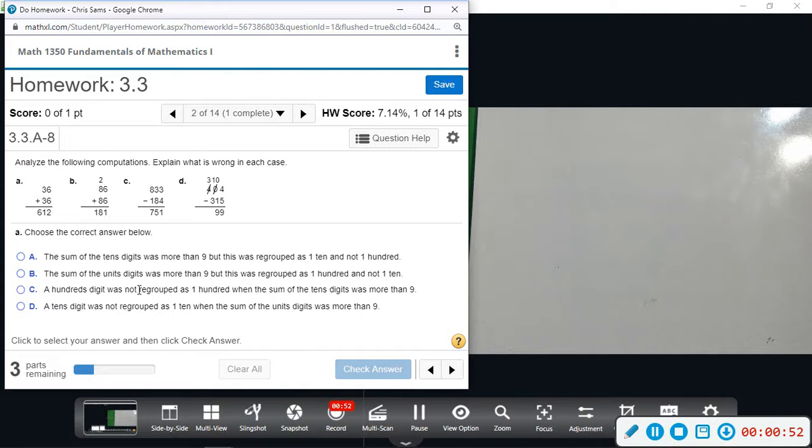A hundredths digit was not regrouped as a 100 when the sum of the 10 digits was more than 9. And it says the 10 digits was not regrouped with 1 when the sum of the unit digit was more than 9. Okay, that's what it should be. Our unit digit, which is the ones, was not regrouped when it was more. It just wrote it down.